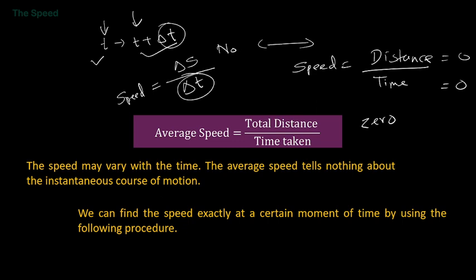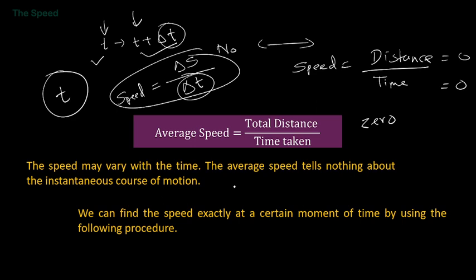In a freely falling object, however small a time interval you consider, there are again various moments in that time interval and it may travel with different speeds. The speed changes from one moment to the other. So even if we consider a small time interval and calculate the speed according to this formula, it is not the speed of the body at the moment t. We have to calculate the speed of the body at the moment t.